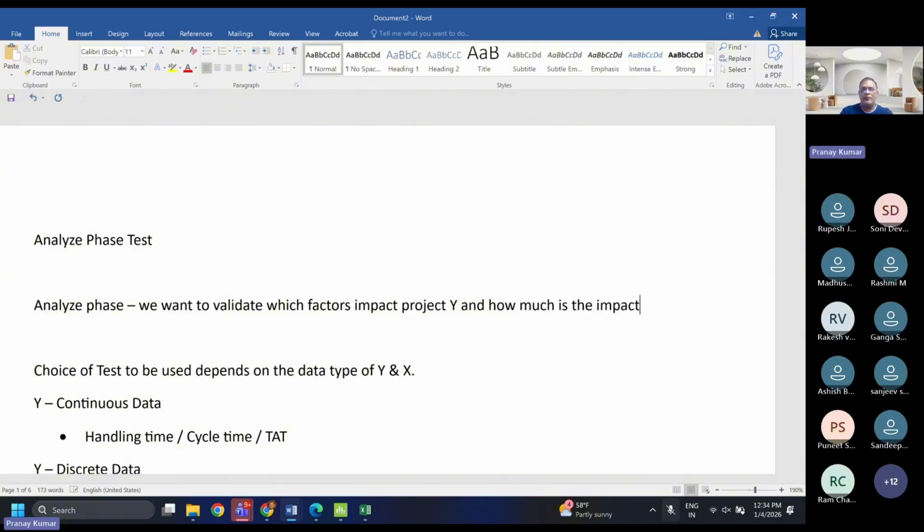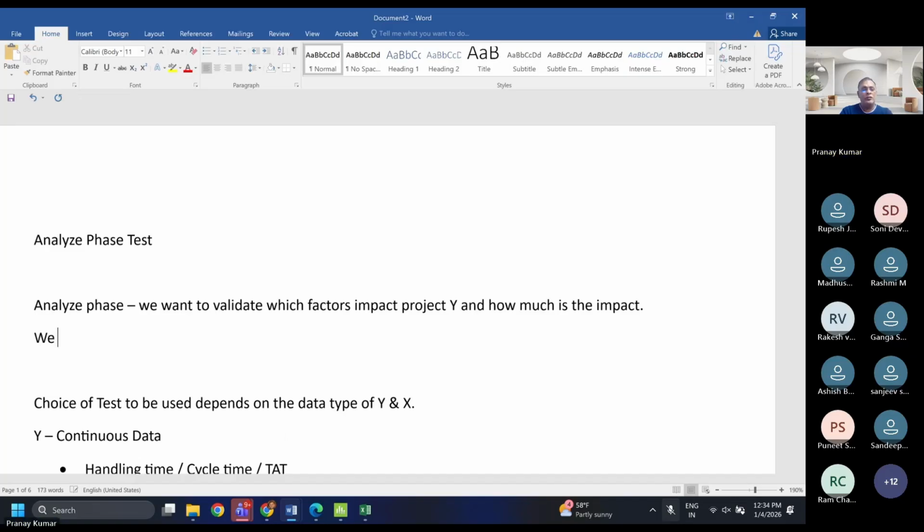And for that, we are conducting some statistical tests referred to as hypothesis testing.